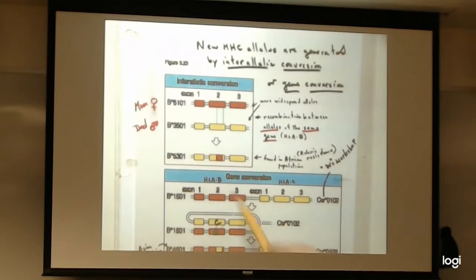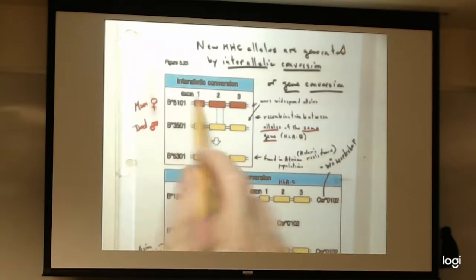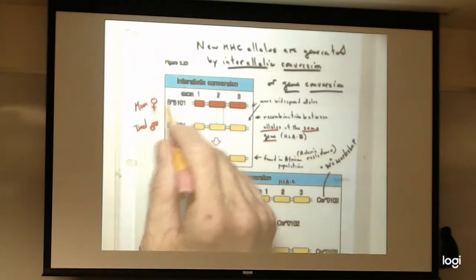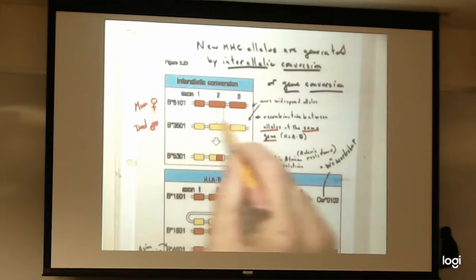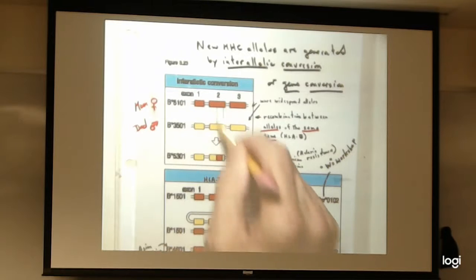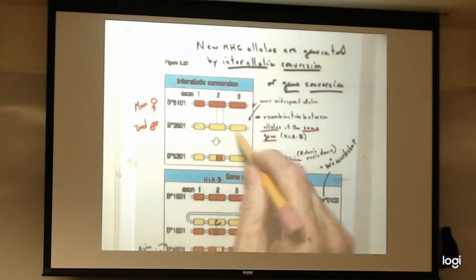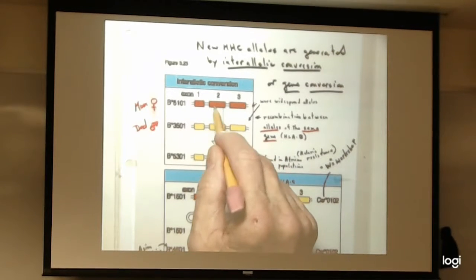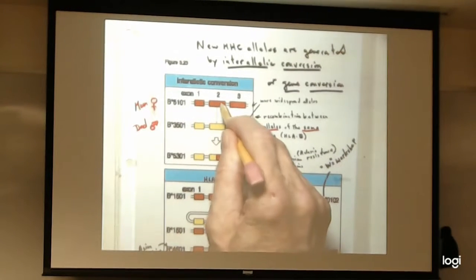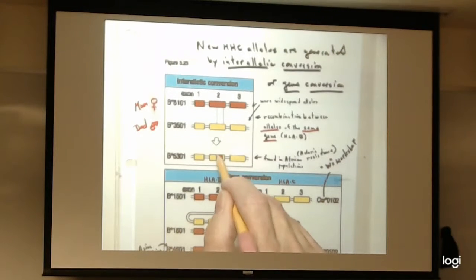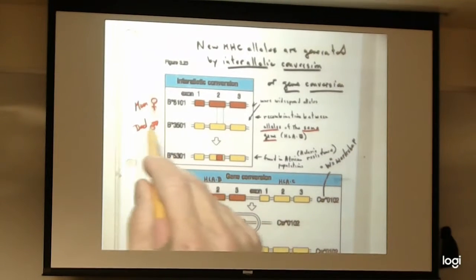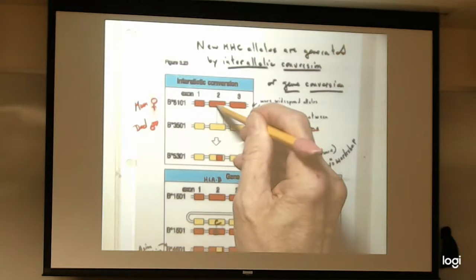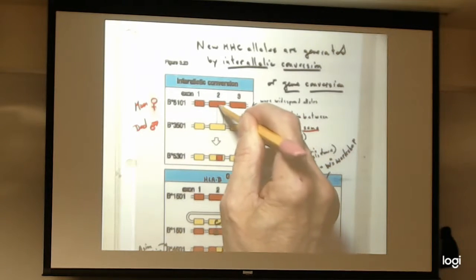In some cases, for example, the mother chromosome and the father chromosome will line up next to each other in this region, and there'll be a recombination event where a little bit of the nucleotide sequence of exon 2 DNA will be popped into the corresponding exon in the dad gene here. Not shown, of course, the dad's yellow exon would be popped up here into the mother's red one.